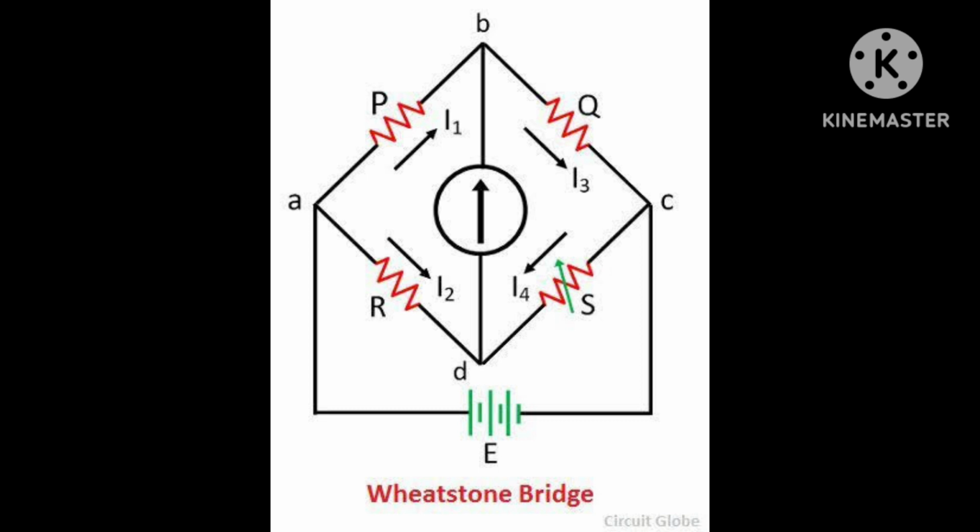Out of 4, the resistances of 3 wires you know. Every wire has a different resistance. As for example, suppose R1 is unknown, the 4th one will be unknown. Then the 3 resistances will be known, as for example R2, R3 and R4.